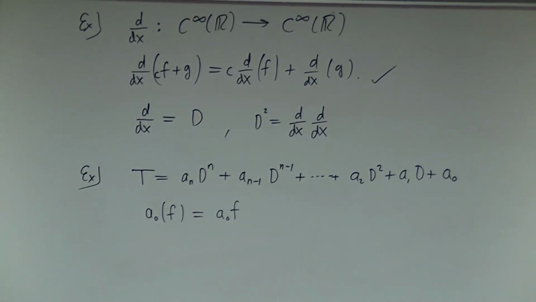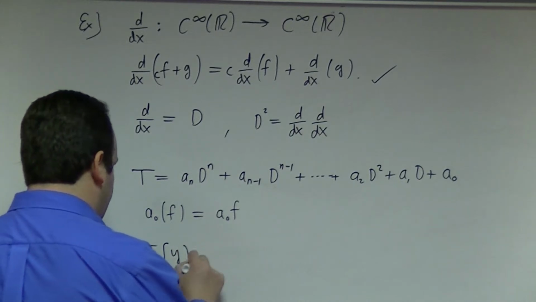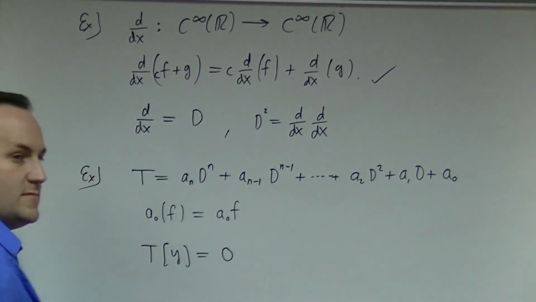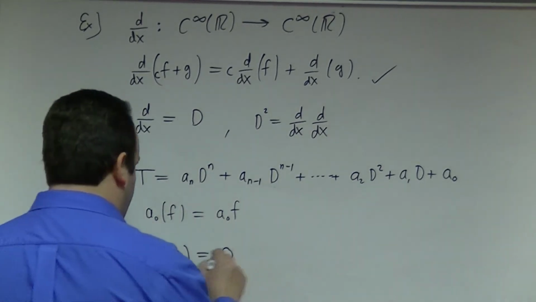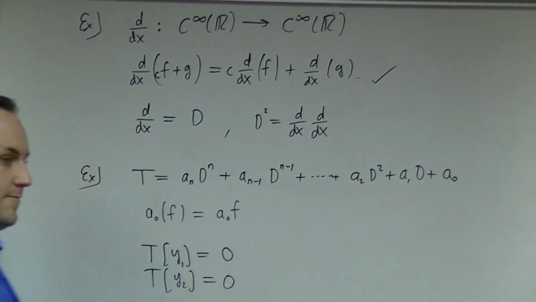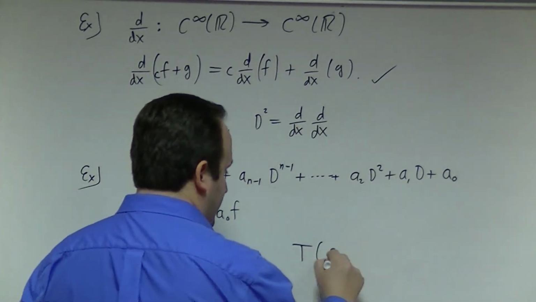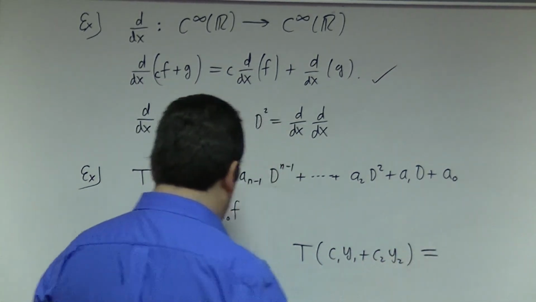Right? Now, if you look at T of y equals 0, let's say T of y1 equals 0, and T of y2 equals 0. Since T is a linear transformation, if I have T of c1 y1 plus c2 y2, right?